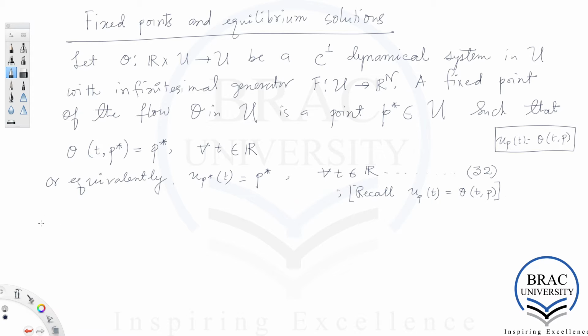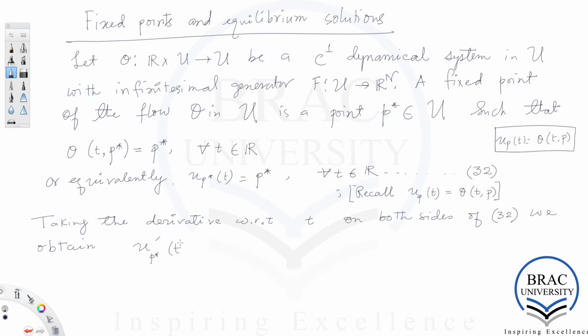Now taking the derivative with respect to T on both sides of 32, we obtain UP star prime T. So we are deriving this expression with respect to T. On the left side, I have the derivative of UP star T, and on the right side I have 0, because that's just a point independent of time. Okay, and that happens for all T in R.